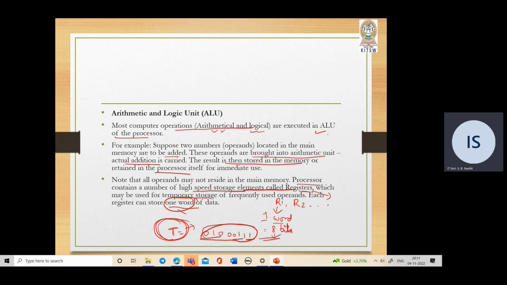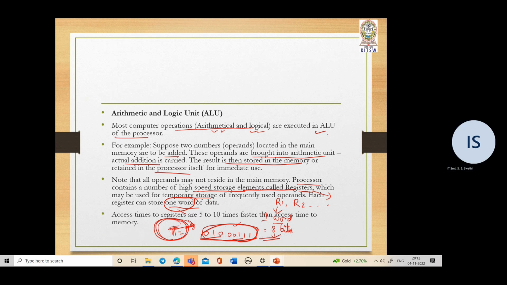Some fixed notation of zeros and ones will be there for the computer. So it immediately converts these letters into bits, and then it will store it as one word in the memory. And whenever we use registers, these are actually 5 to 10 times faster than the normal memory.